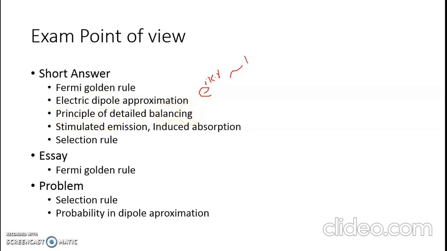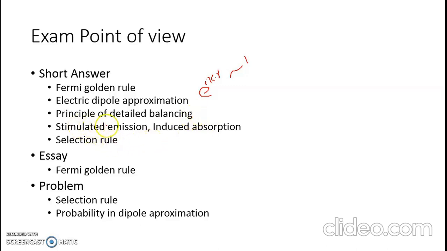In harmonic perturbation, or in interaction of radiation with matter, there is possibility for absorption as well as emission. Theoretically, the transition probability for emission and absorption can be proved to be exactly identical, though practically absorption will have more probability compared with emission, and this is referred to as the principle of detailed balancing.